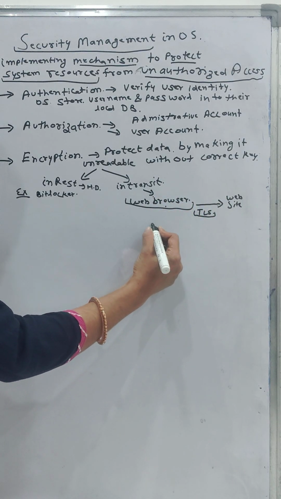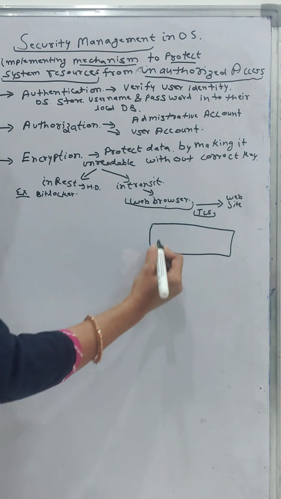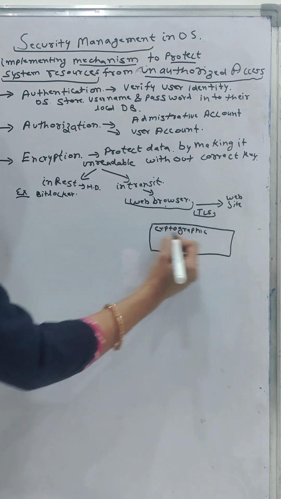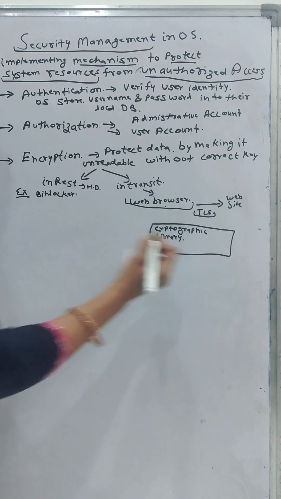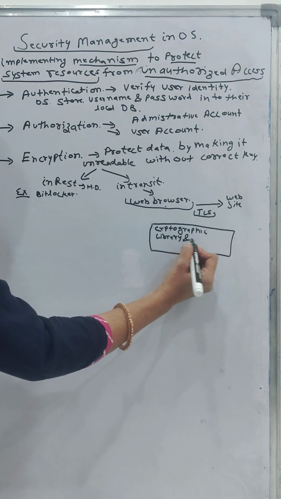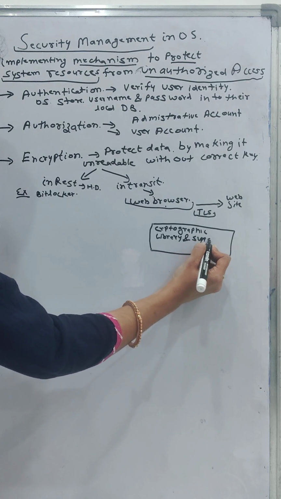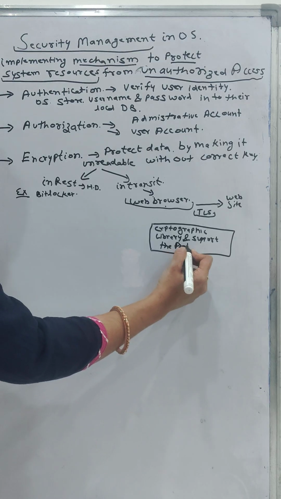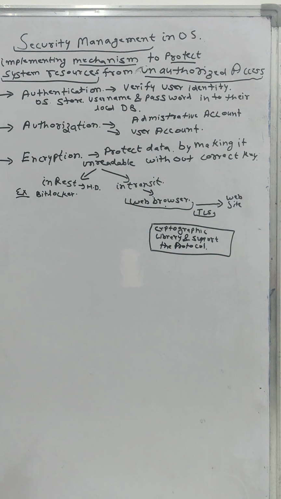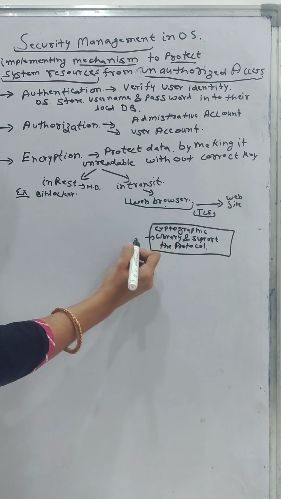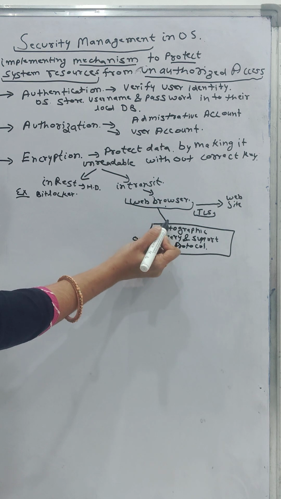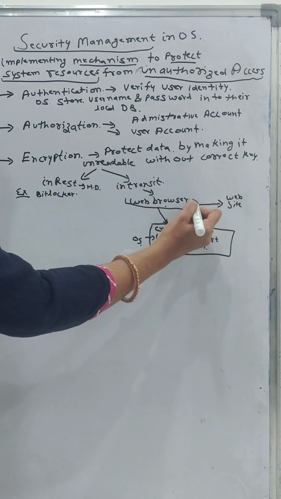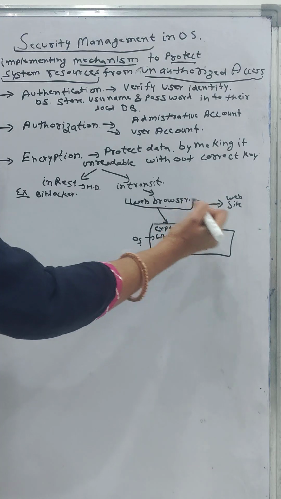The operating system has a cryptographic library and supports the protocol. The web browser, which is our application, will use the cryptographic library and protocol support of the operating system, and it will create a secure connection between the web browser and the website.